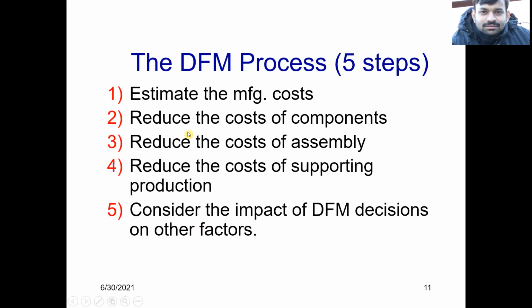So in the fifth step, we'll compare the decisions made by DFM and the decisions made by some other process, and see which is reducing the cost by a greater amount, keeping in mind the quality of the product. And there are so many other things associated with it, so those things are also to be considered.